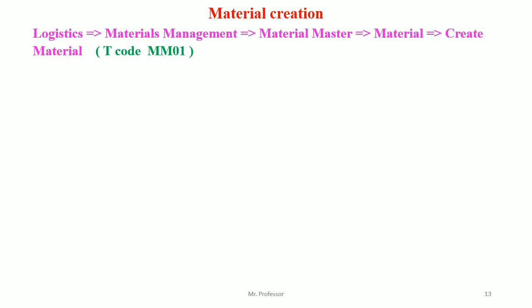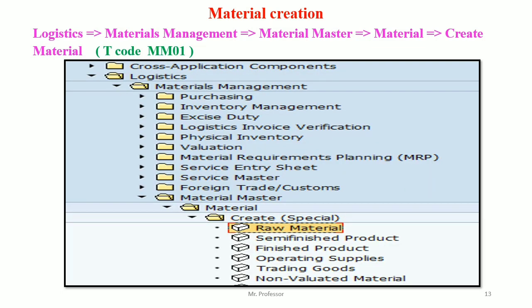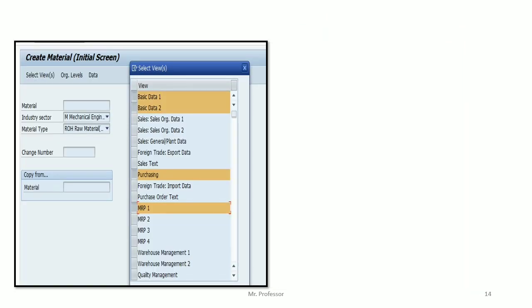Next we are going to see Material Creation. Material Master records contain the information of the materials that an organization purchases, manufactures and stores as a product. Follow the steps given below to create a Material Master. In IMG, select Logistics, then select Materials Management, then select Material Master, there select Material, finally select Create Material.